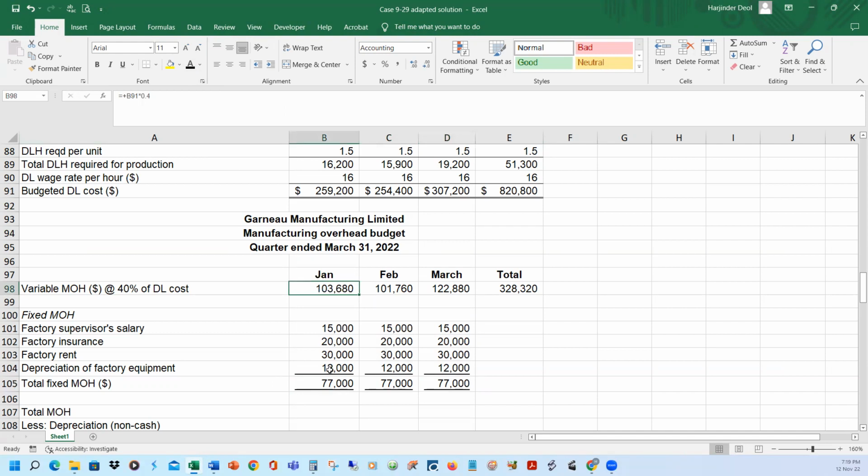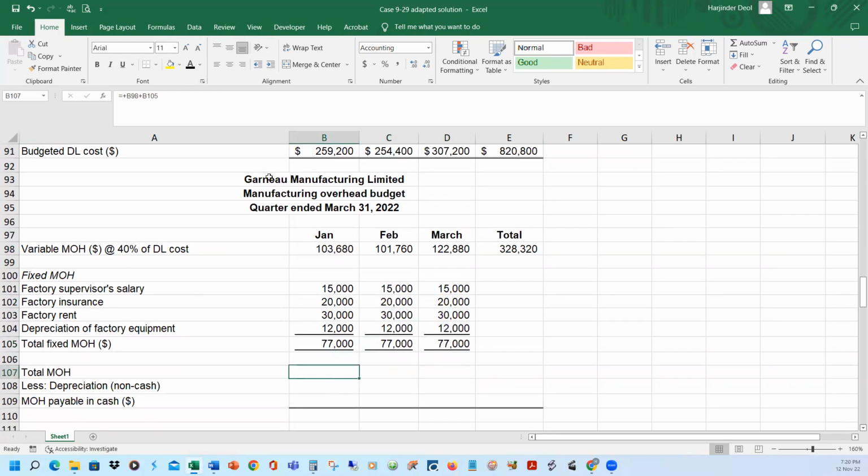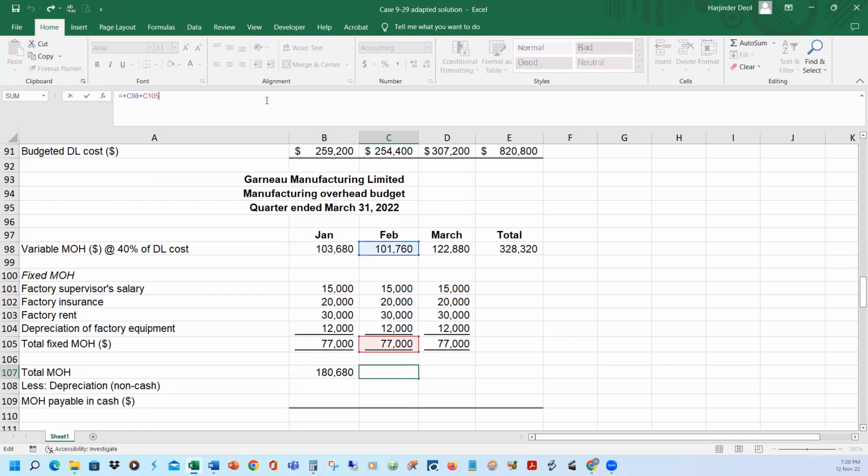The total manufacturing overhead is the sum of the variable manufacturing overhead and the fixed manufacturing overhead. So if we look at the month of January, the number will be 180,680. For the month of February, it's 101,760 plus 77,000, and that's 178,760.